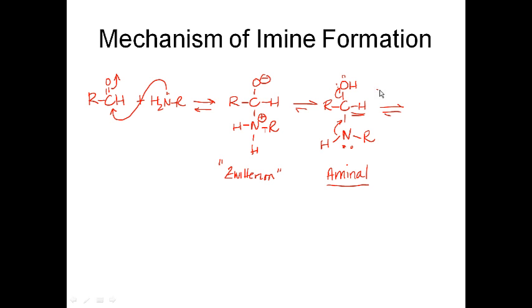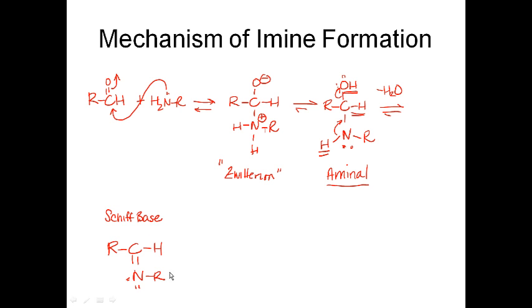So in essence, what I do is I lose H2O from this hydrogen and this OH group, and I end up forming a double bond between the carbon and the nitrogen. And so this is called a Schiff base.